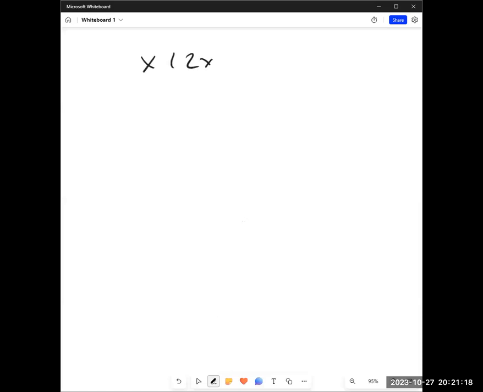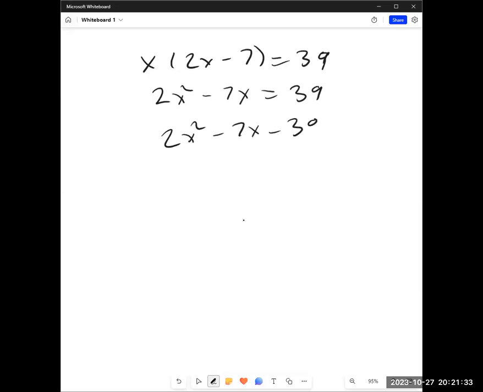x times 2x minus 7 equals 39. 2x squared minus 7x equals 39. 2x squared minus 7x minus 39 equals 0. 2 times negative 39 is going to be a negative 78.